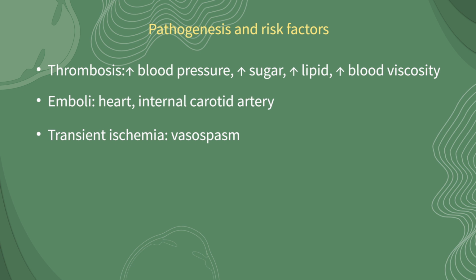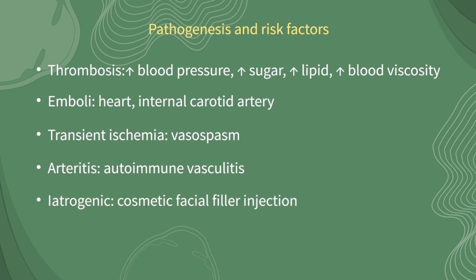The third one is vasospasm, which usually causes transient ischemia. The fourth is arteritis, which is generally seen in autoimmune vasculitis. Some RAO may be iatrogenic, for instance by cosmetic facial filler injection.